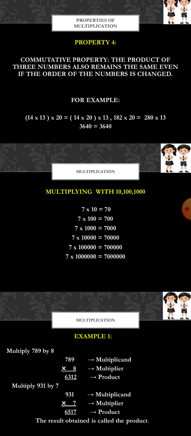You can see we have changed the order of the numbers. We have multiplied three numbers in different orders and the result is the same. So this is property 4 of multiplication. Again, this is the commutative property, but here we have taken three numbers. After learning the properties of multiplication, let's move to one of the interesting facts of multiplication.